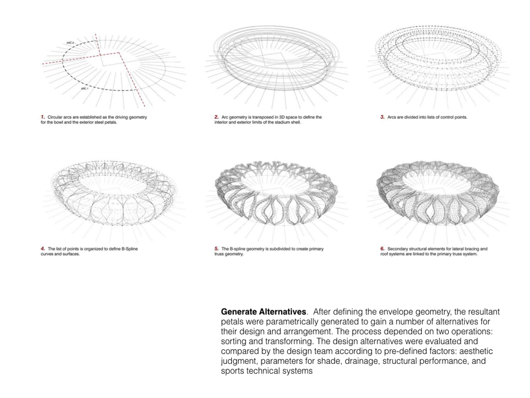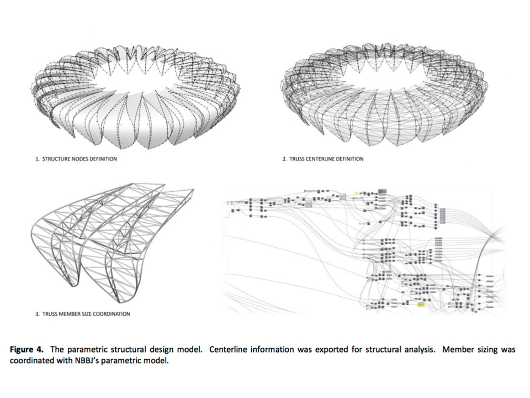The process depended on two operations, sorting and transforming. Design alternatives were evaluated and compared by the design team according to predefined factors, parameters for shading, aesthetics, drainage, structural performance, and all kinds of other elements of the complex system.